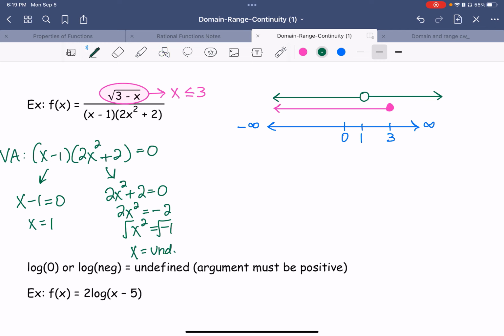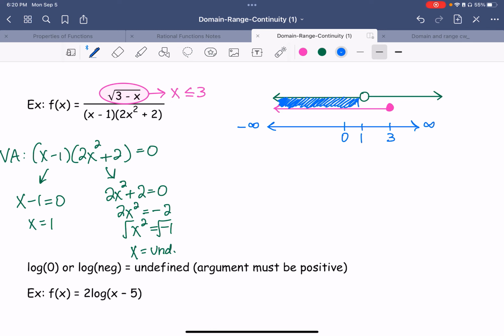Okay, now the final answer will be only where these two lines overlap. So what I'm going to do is shade in where they overlap, starting with the negative infinity side on the left. So notice that I have both green and pink here, so they are overlapping here. And I'm going to keep shading. They overlap, they overlap, they overlap.